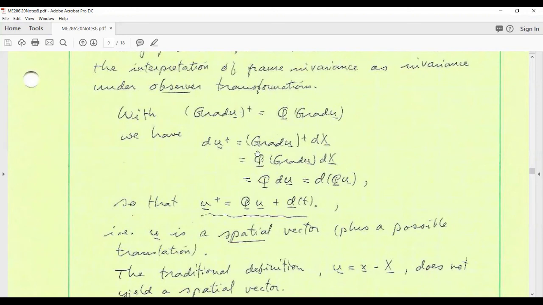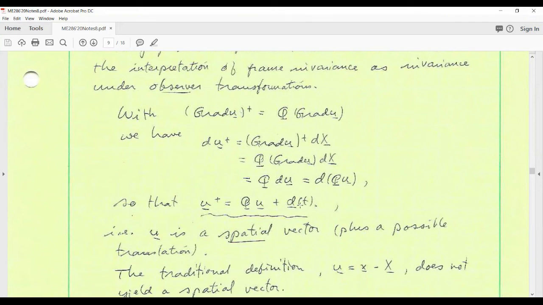But then grad U plus is Q grad U dx, that's Q dU, but Q is spatially uniform, so we can sneak it inside this derivative, the derivative with respect to position, right? And then integrate: dU plus is d(QU), just integrate that immediately. You get U plus is QU plus some vector function of time alone, which means that U is a genuine spatial vector with a possible shift.